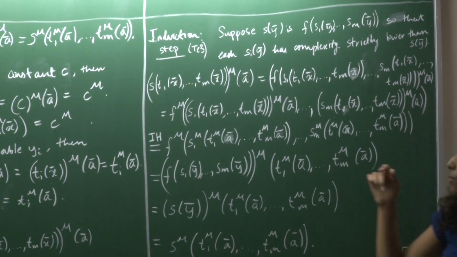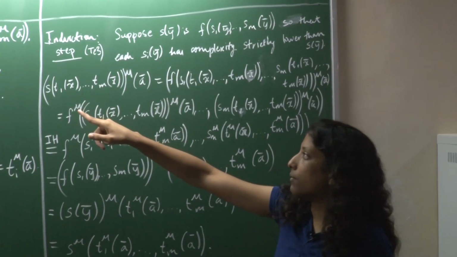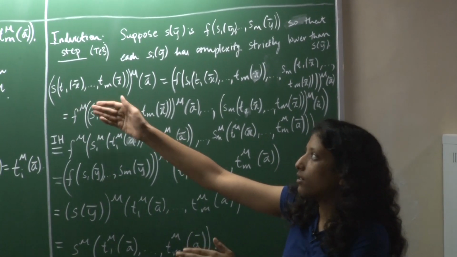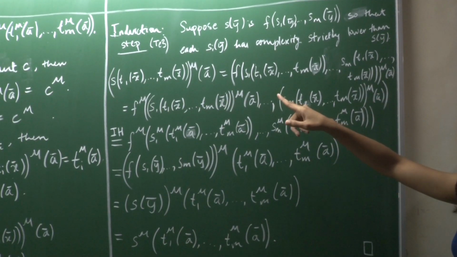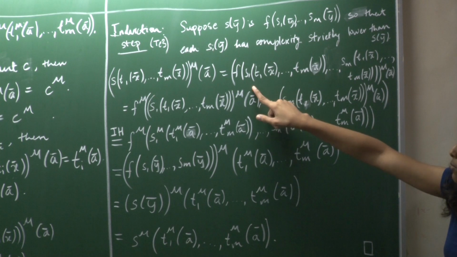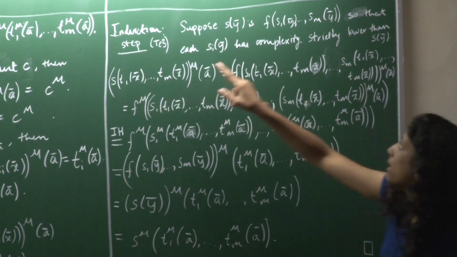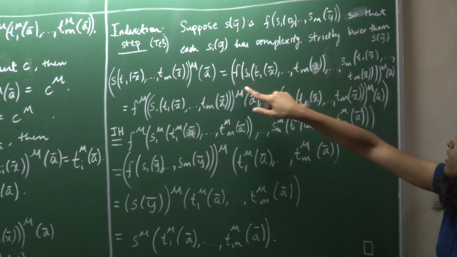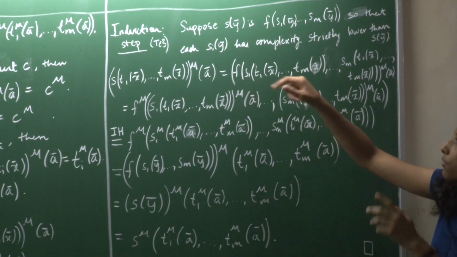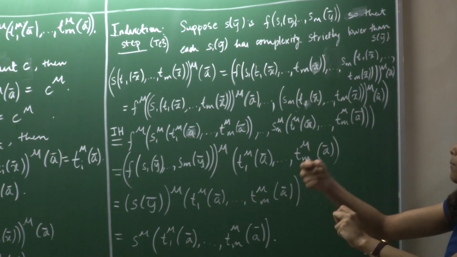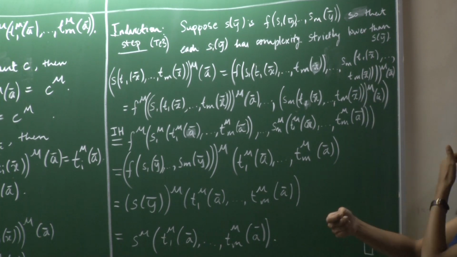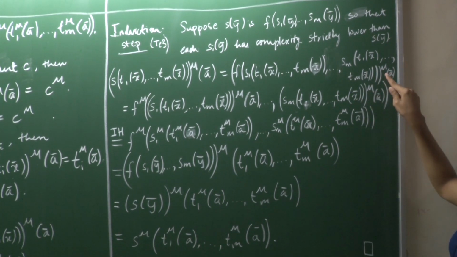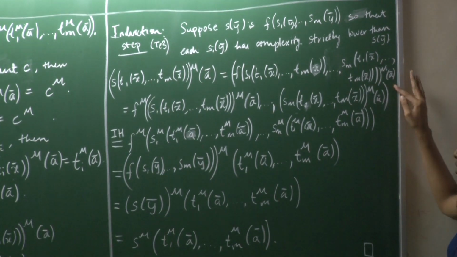So then you start. You write the left-hand side, S of T1 x y bar up to Tm x y bar. You open that up. S was simply of this form, so you just open that up over here. F of S1 of T1 x y bar up to Tm x y bar, dot dot dot, Sm of T1 x bar up to Tm x bar, and you take that in M at A bar.